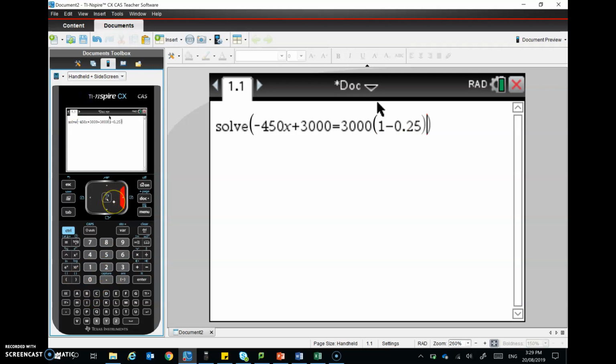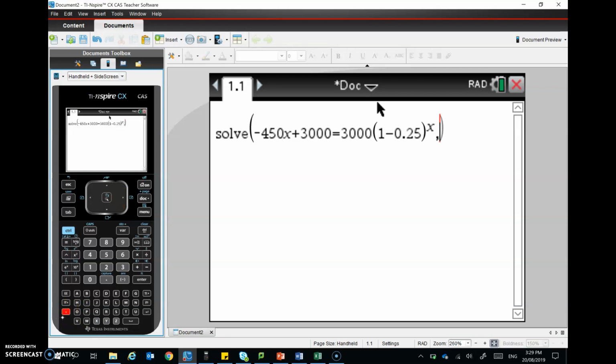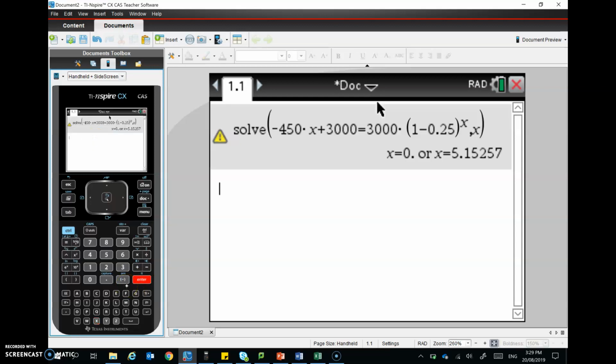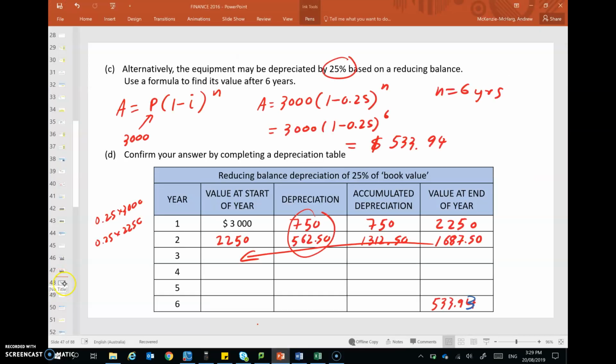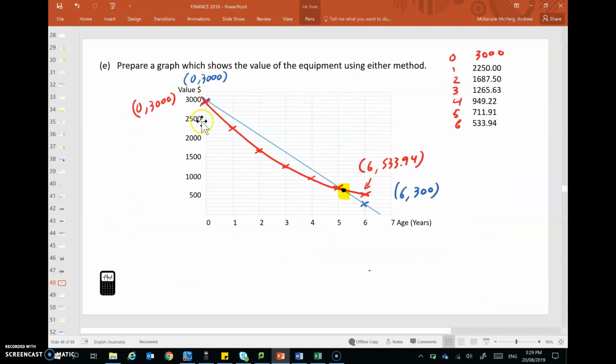Okay, it might be a little confusing to you, but here we're going to put power x. So instead of using n's on the calculator, we use x's. Now the calculator is pretty smart, but it's not smart enough to know that we wanted to solve for that x value, the number of years. Okay, so we'll enter that, and we're told that x is at 0 and 5.15. Those are the two intersection points. So to make sense of this, if you look back here, there's a point of intersection on our graph at the start at 0.